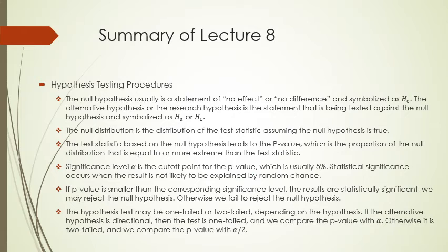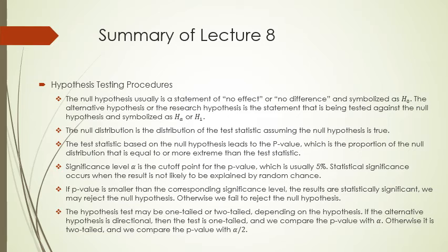In summary, we learned the procedures of hypothesis testing in this lecture. The null hypothesis usually is a statement of no effect or no difference, and symbolized as H0. The alternative hypothesis, or the research hypothesis, is a statement that is being tested against the null hypothesis and symbolized as HA or H1.